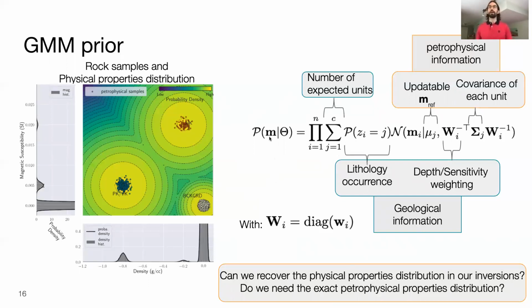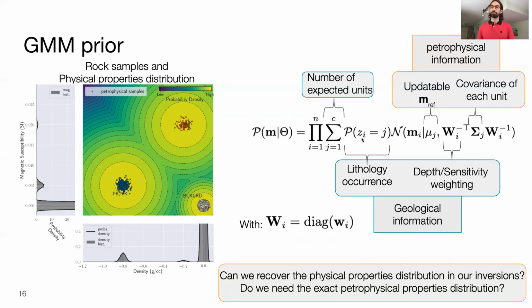So how I design these priors for this new inverse problem is this way. It's a GMM, but it includes different types of information. Here I have the product, just to say that it's over the whole mesh with n the number of cells. This summation here is the number of expected units. In this case, that would be 3.